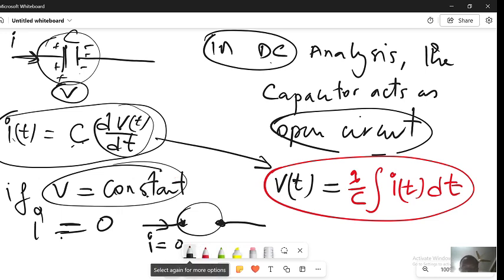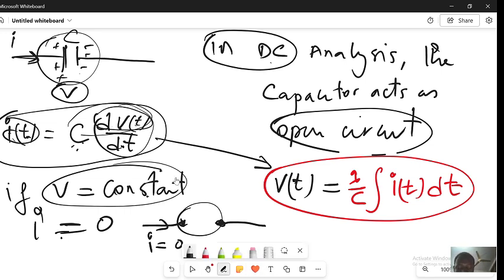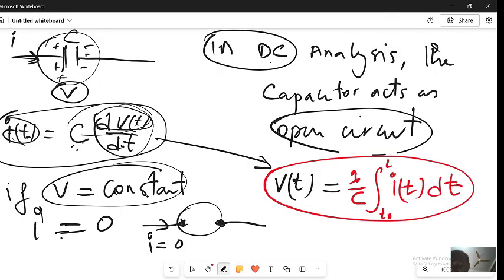How do we determine this? We have C dV equal i(t) multiplied by dt. That means if I want to find dv(t), I will have 1 by C. And finally, when we want to remove the derivative, we do it by integration. Since it is integration, we go from t0 to t, and directly I will have plus v(t0).